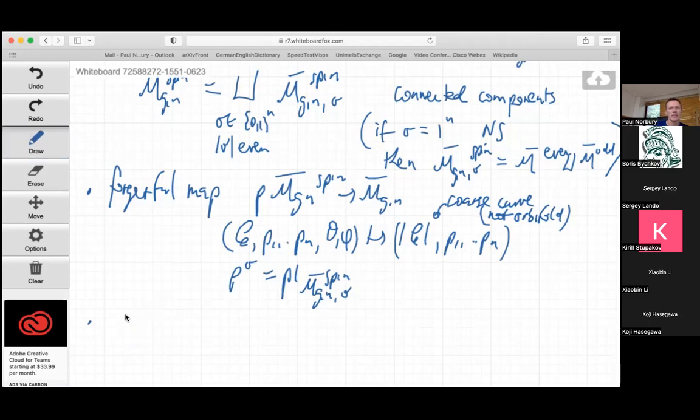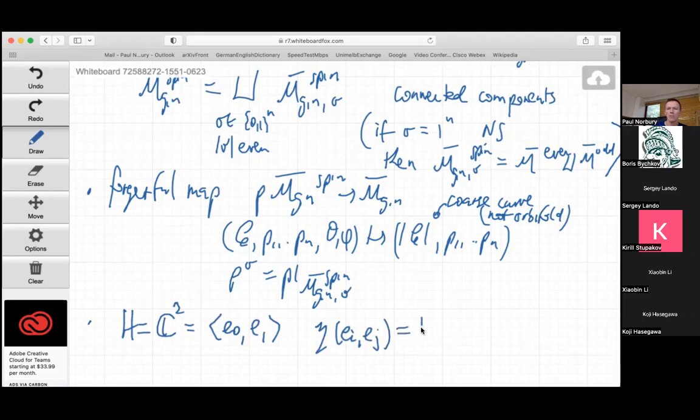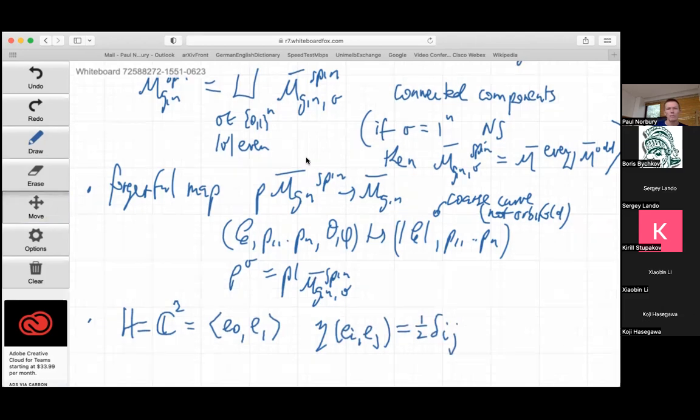So let's take H equal to C2, which is generated by the 2 vectors E0 and E1, and it has this metric. Remember, a metric really just means a non-degenerate symmetric bilinear form.